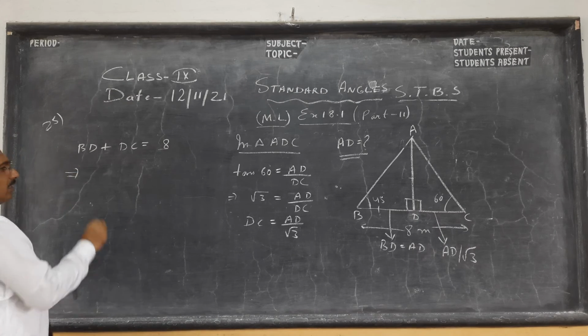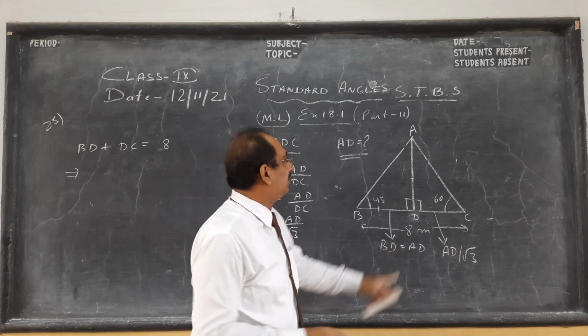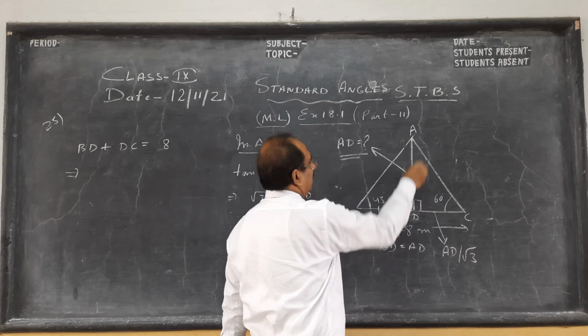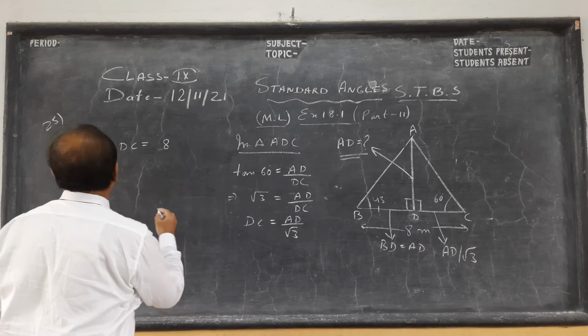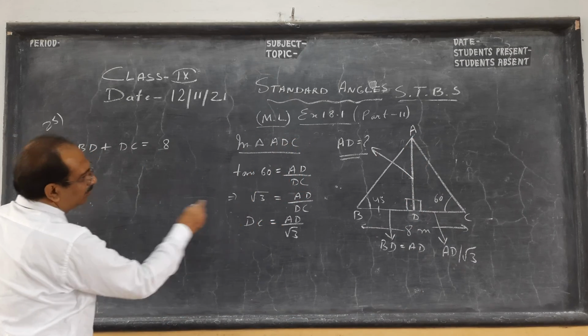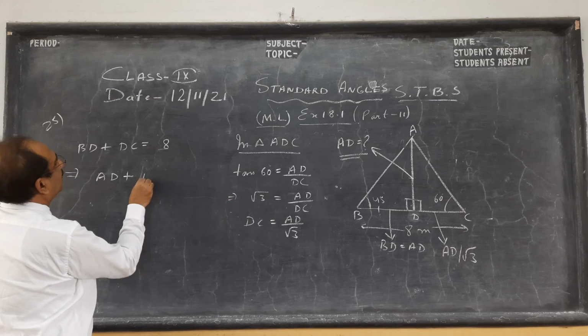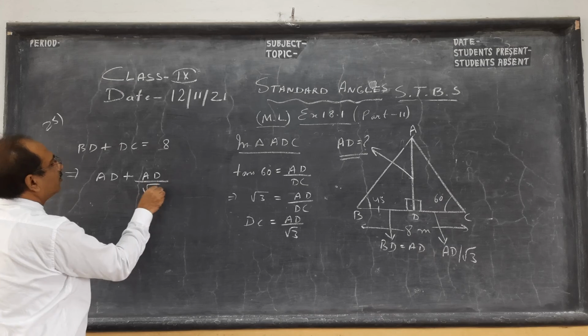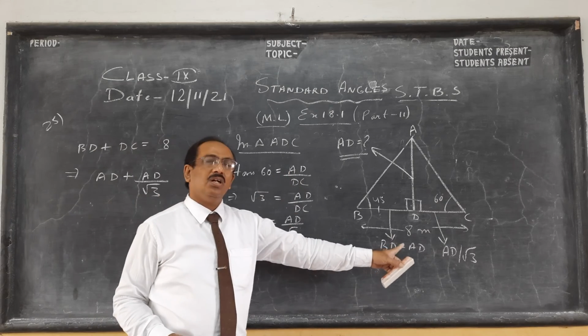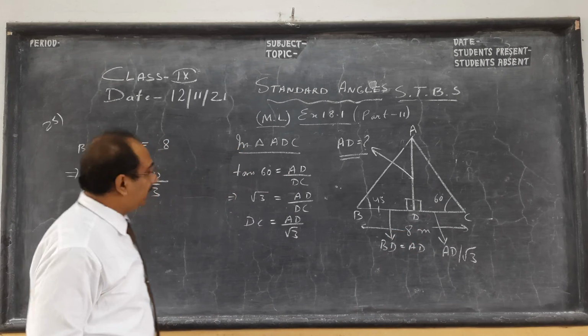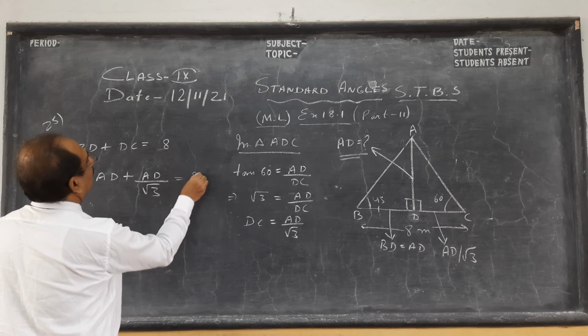What is BD in terms of AD? Because ultimately we have to find this, children, AD, this perpendicular, the height. So BD in terms of AD is AD, and DC in terms of AD is AD by root 3. This is what we have done over here. And this is 8. Let us solve for AD.